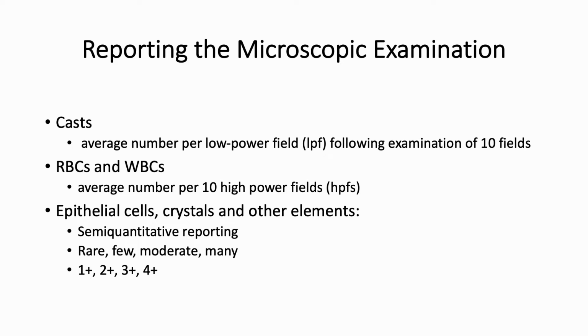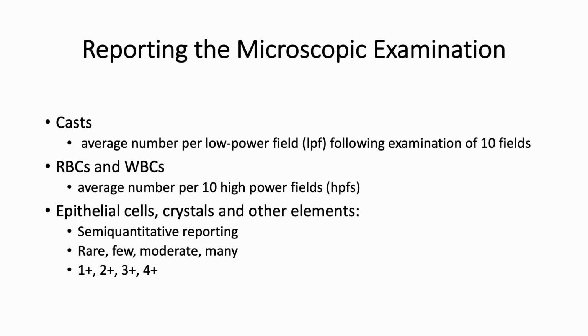The terminology and methods of reporting may differ slightly among laboratories. Routinely, casts are reported as the average number per low power field following examination of 10 fields. The cellular elements like red blood cells and WBCs are reported as the average number per high power field.